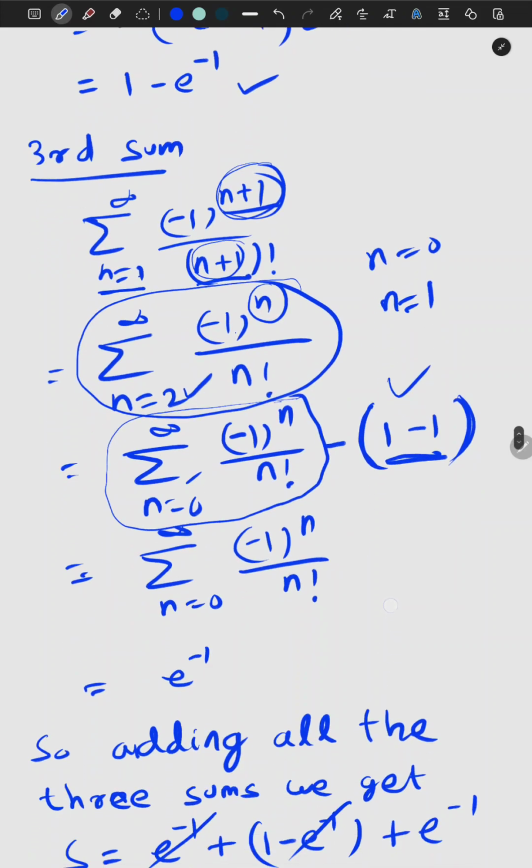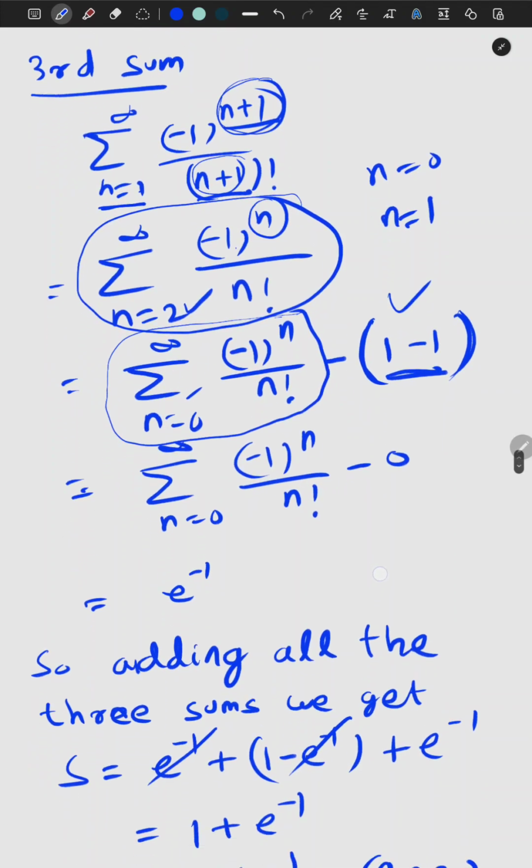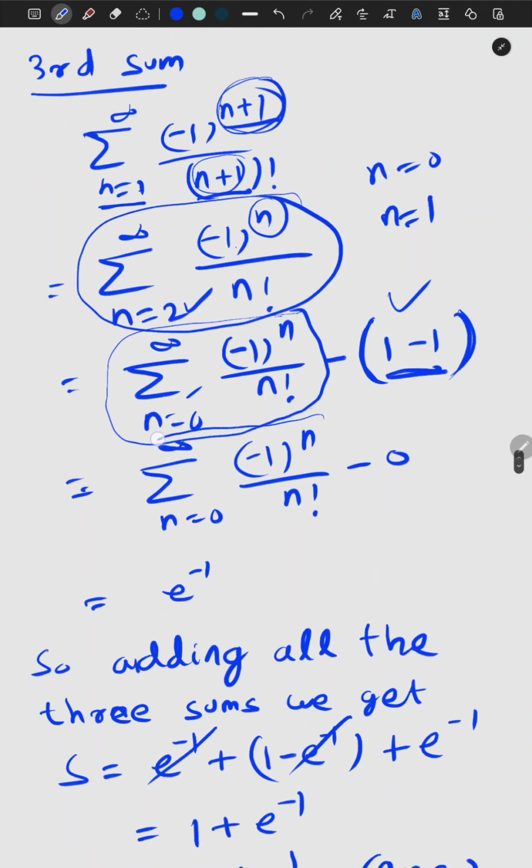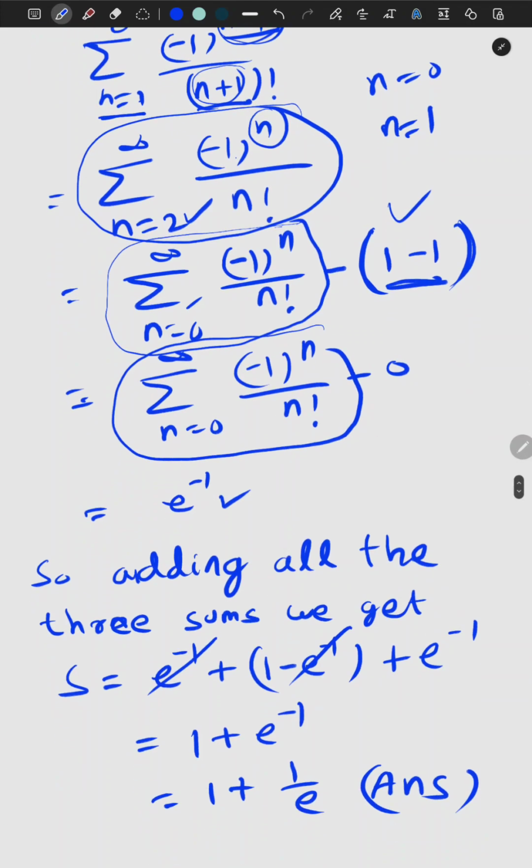Okay, but these two terms are not giving much, because 1 minus 1 is 0, so this is minus 0. So the summation from n equal to 0 to infinity of minus 1 to the power n divided by n factorial, we can directly apply this series, which is e to the power minus 1, minus 0. So we get finally e to the power minus 1.